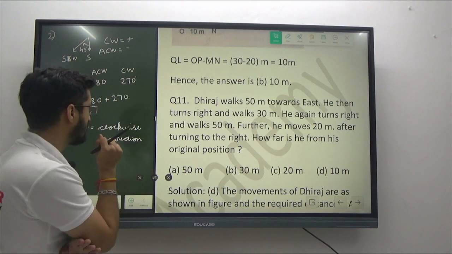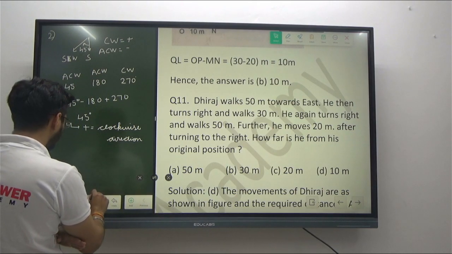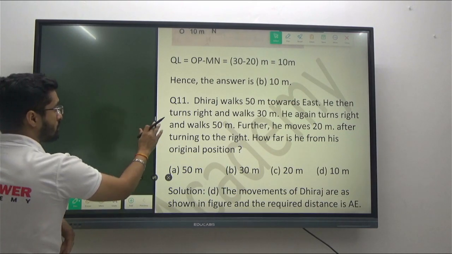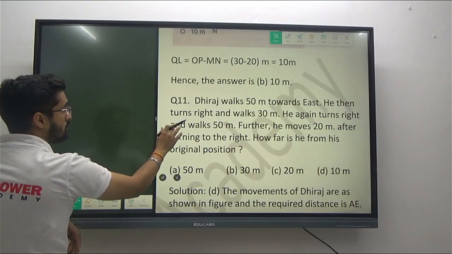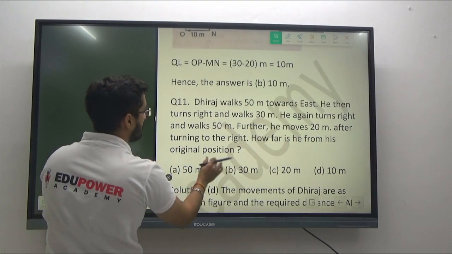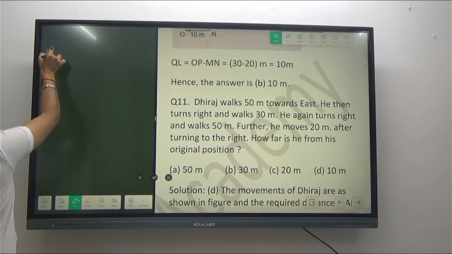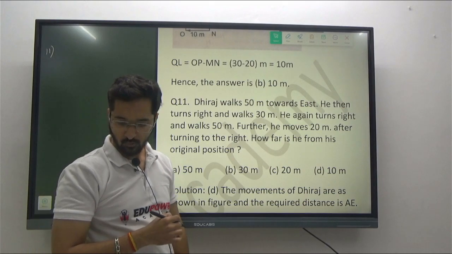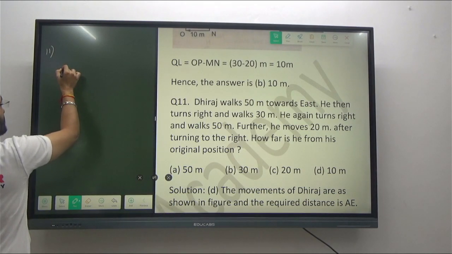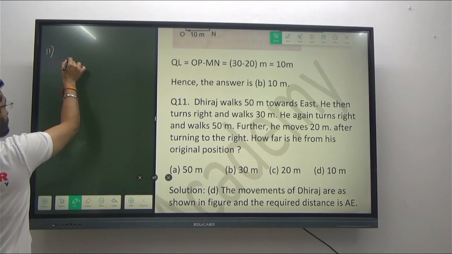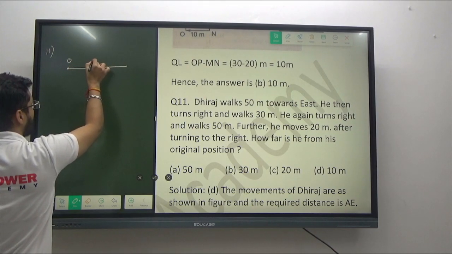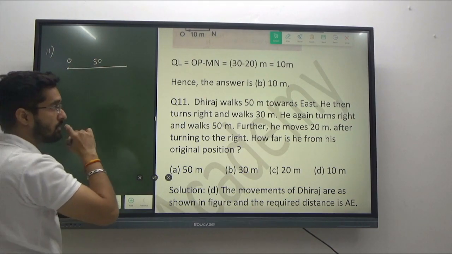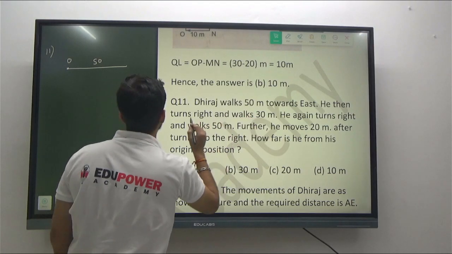Okay, so let us discuss this question. Question number 11. Dheeraj walks 50 meter towards east. So, here is Dheeraj, this is the starting point, we take it to be O. He walks 50 meter east, he then turns right and walks 30 meter.